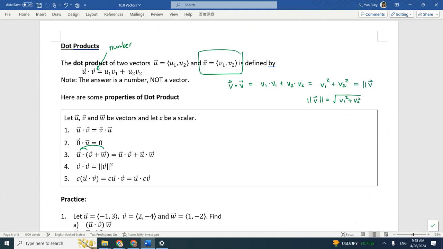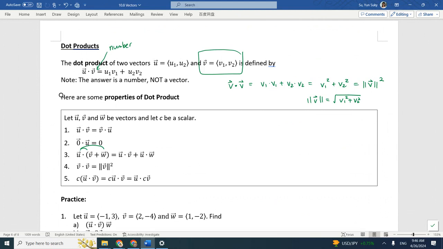Therefore, this is the magnitude of v squared. Is that okay, everybody? The dot product of the vector by itself equals the magnitude of the vector squared.